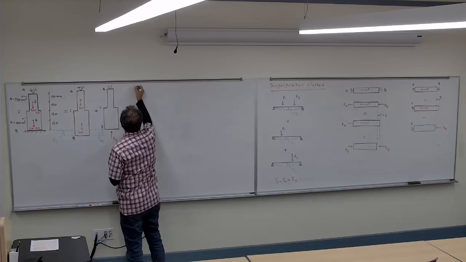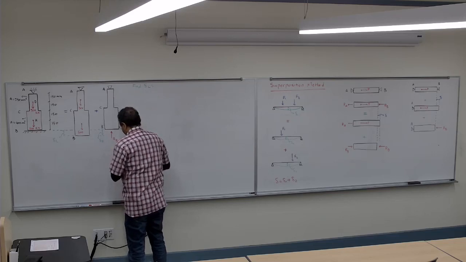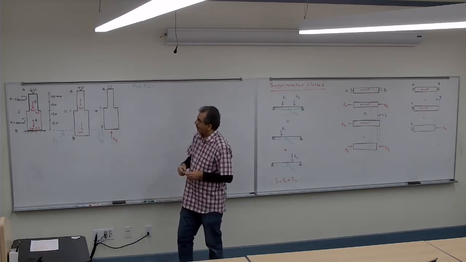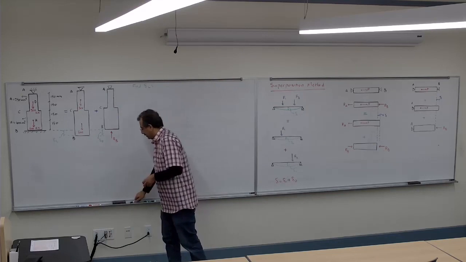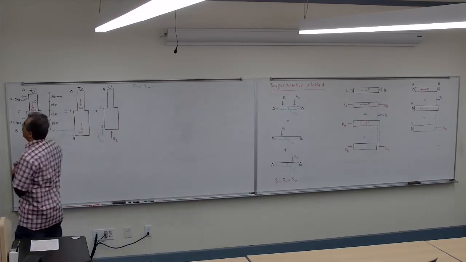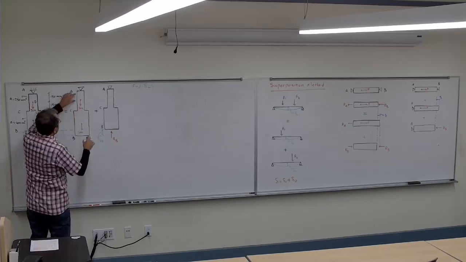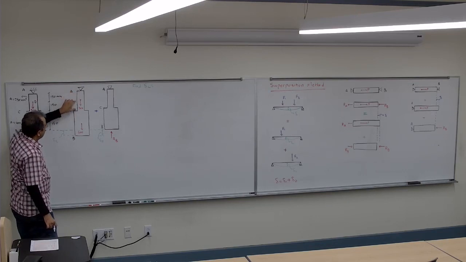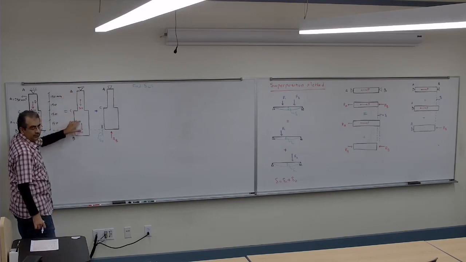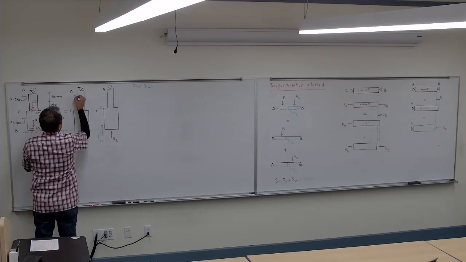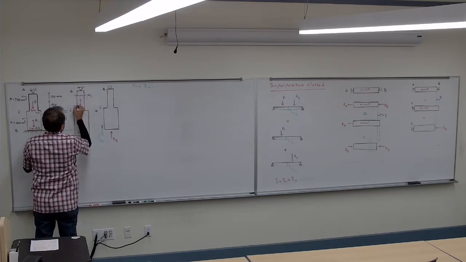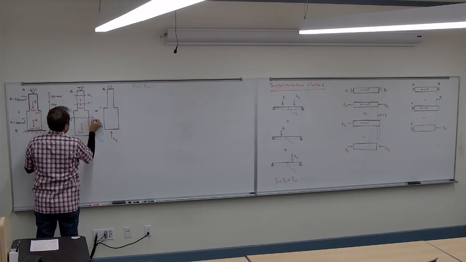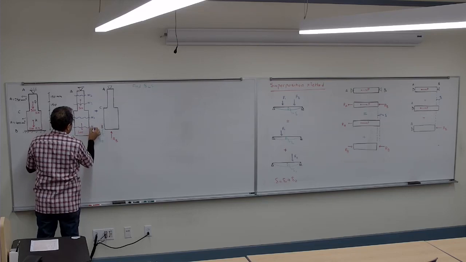So I want to find delta L. So how much is the delta L? If I want to find the delta L, I have to cut all these sections. So I have to find the internal force, the normal force here, here, here, and here.